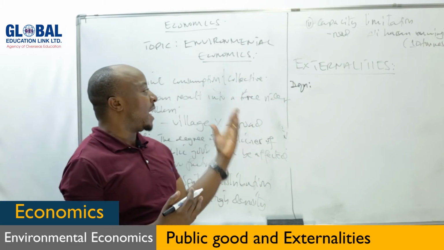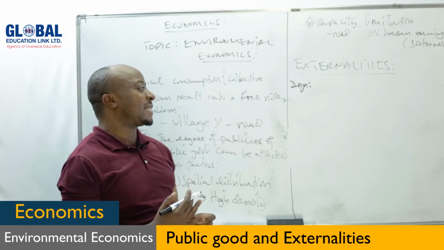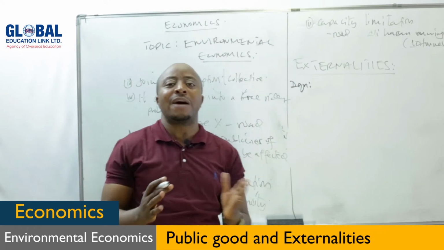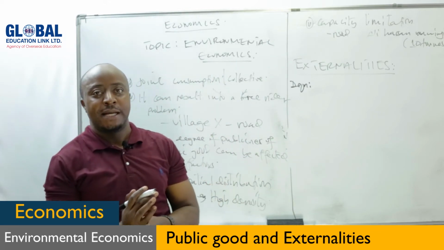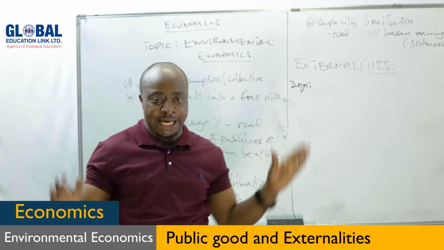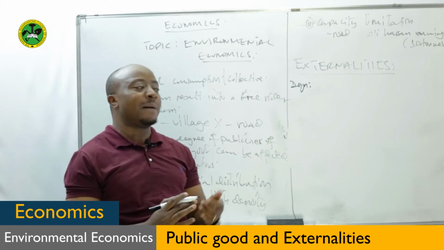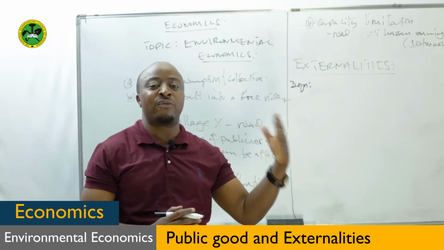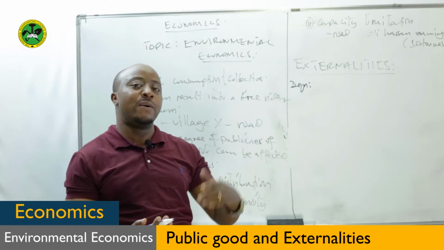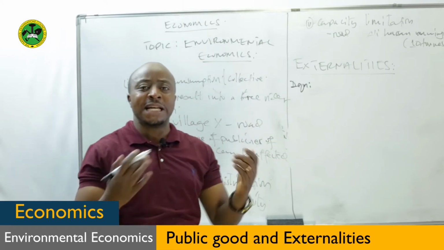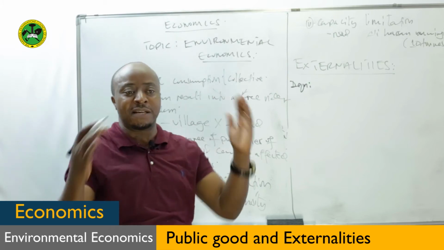Now when we speak of externalities, let's check this example. In Tanzania, we have so many industries working in different areas as processing and manufacturing industries. For example, cement manufacturing industries like Twiga Cement, Mbeya Cement, Tanga Cement, etc. We have other industries which process different goods and services.